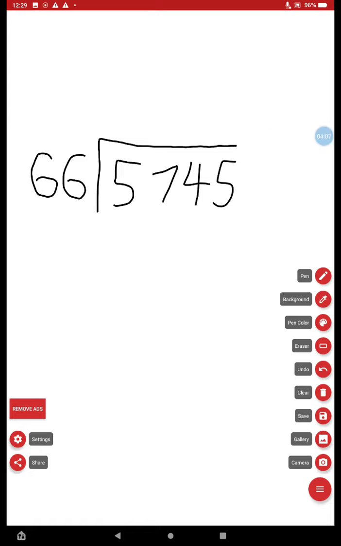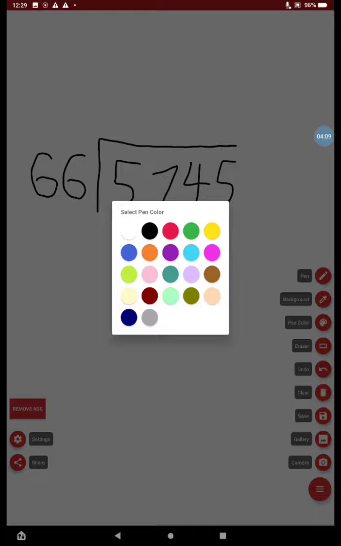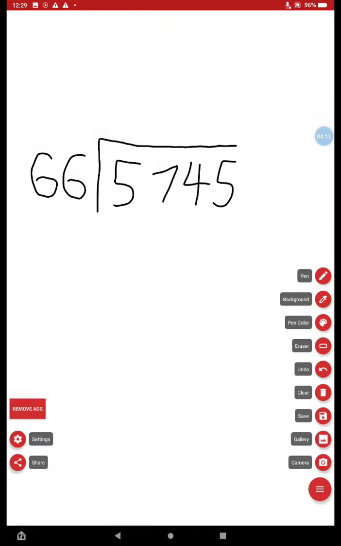Next thing I'm going to do is try to remember, what's the order of division? Say it with me. Divide, multiply, subtract, and bring down. Say it one more time. Divide, multiply, subtract, and bring down. All right. So let's do that. Let's divide 5 divided by 66.